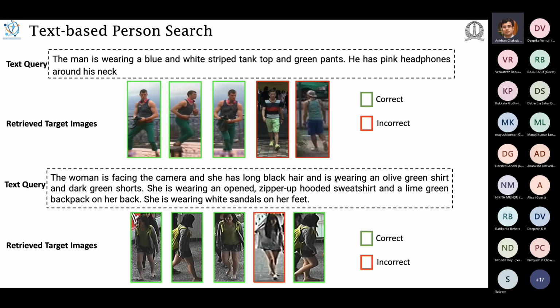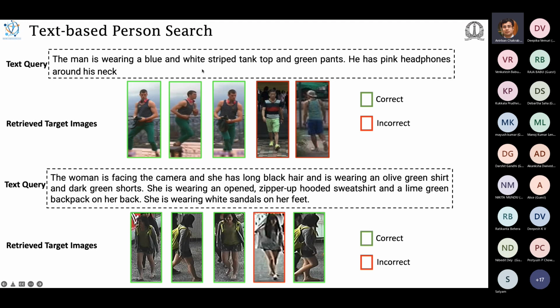Think about a situation where a crime has happened and a first person witness is giving you a description of the perpetrator. For example, they say that the man is wearing a blue and white striped tank top and green pants. He has pink headphones around his neck, and so on.